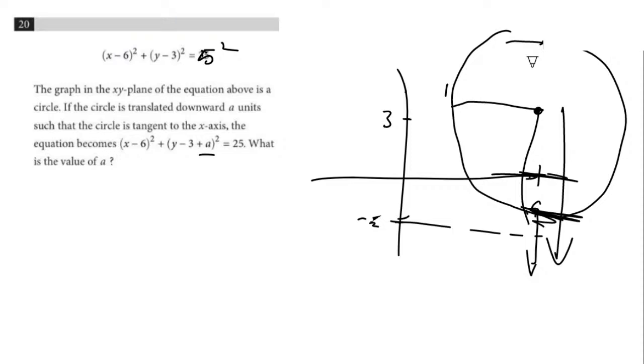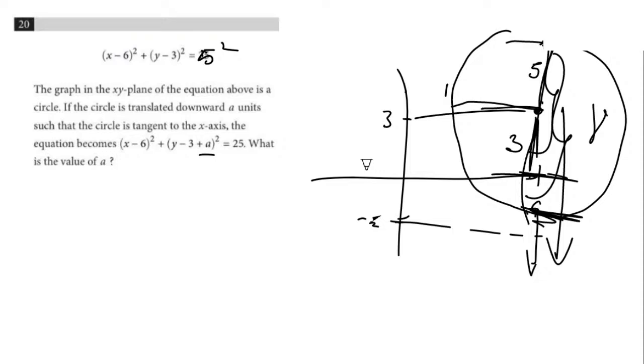Do you agree with me? How much does it go down? Till this much. Do you agree? Yes. Since this is 5, because it's our radius, and this is our 3, how much will it go down? It will go down by 8. Good. A is 8.